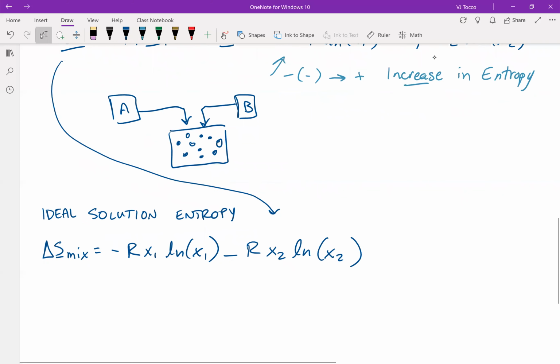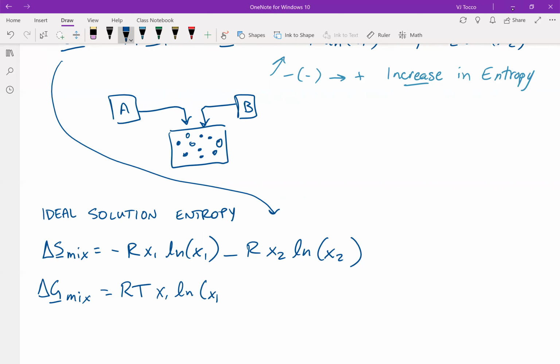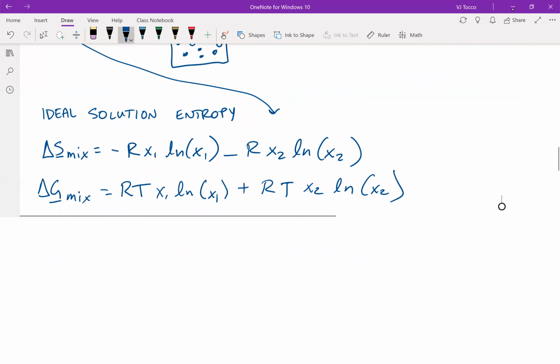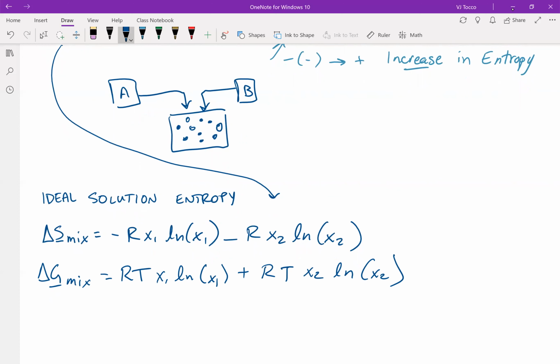And for Gibbs energy, by using the fundamental property relationship, I can say delta G mix is RT, because it's H minus TS, right? It's H minus TS, whoops. RT x1 ln of x1 plus RT x2 ln of x2. So maybe you'll derive these if you go to grad school someday, but for now, don't worry about where these come from. This is rooted in statistical mechanics.